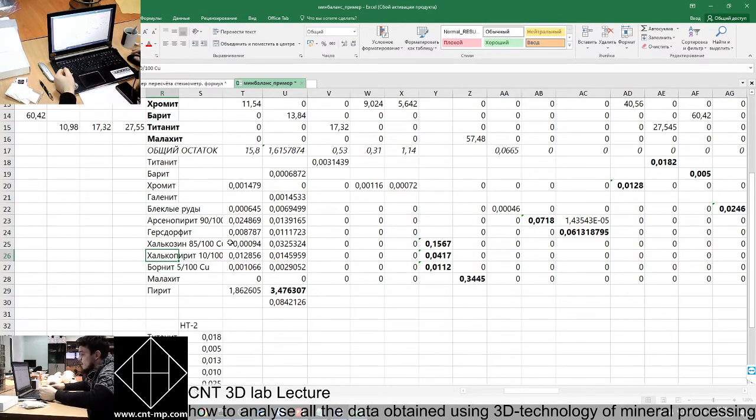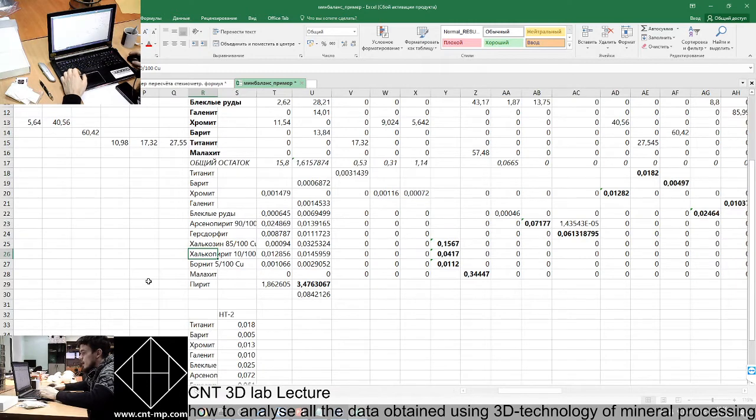It has other properties for flotation, and so on.